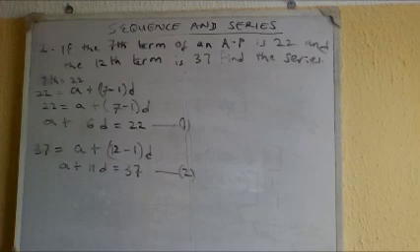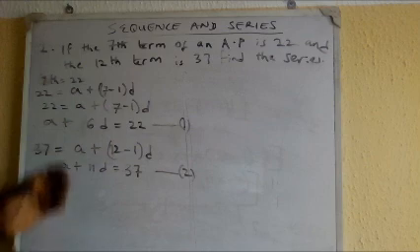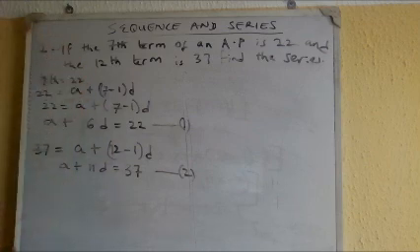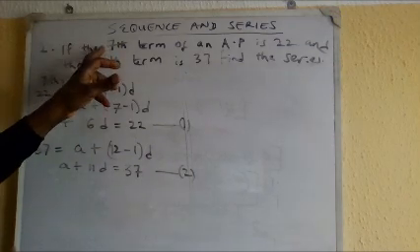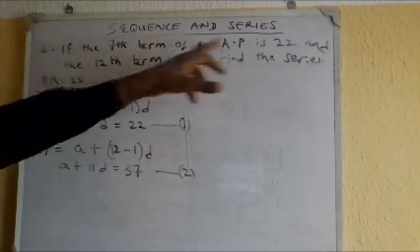So what we need to do now in this particular example, you are given a question that produced two equations. Why? Because at the first instance, A and D were missing. The first instance, 7th term. They gave you 7th term, and they gave you what is the 7th term.